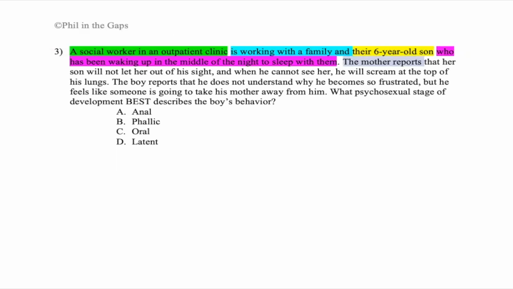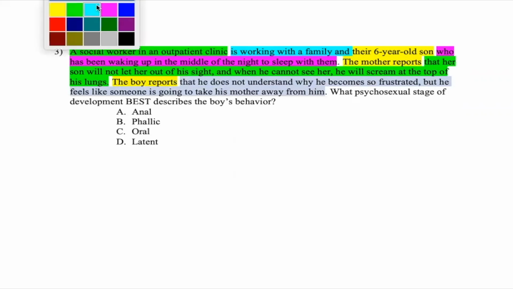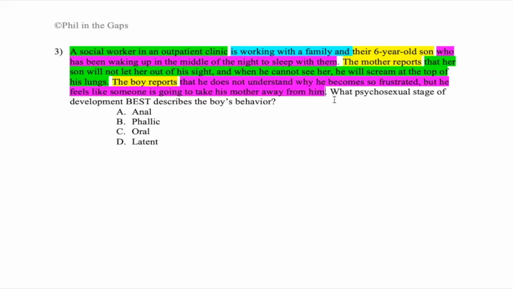The mother reports, so not our direct client, but part of the client system, that her son will not let her out of his sight. And when he cannot see her, he will scream at the top of his lungs. Our direct client, another person in the client system, does not understand why he becomes so frustrated, but he feels like someone is going to take his mother away from him. So that is how he is experiencing the situation.